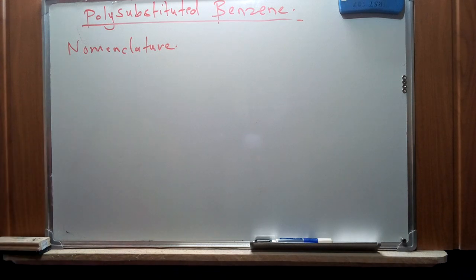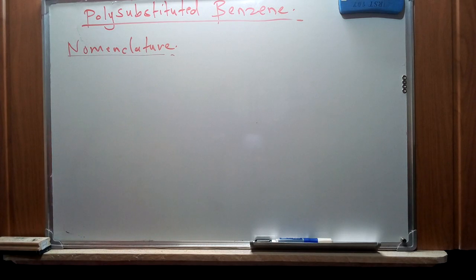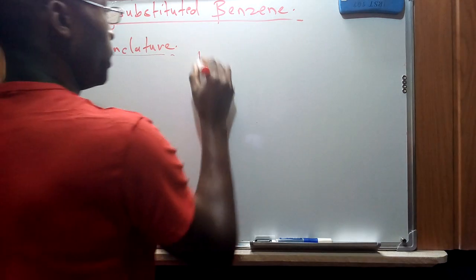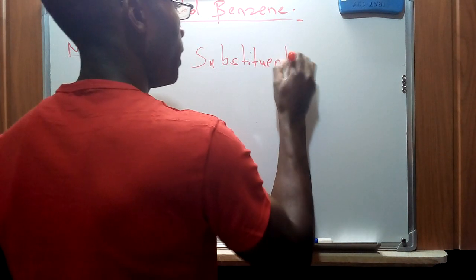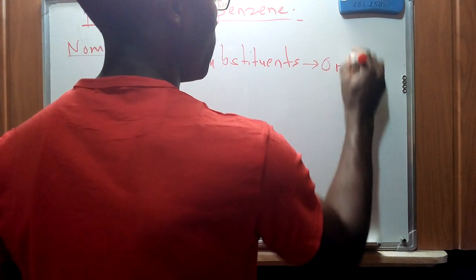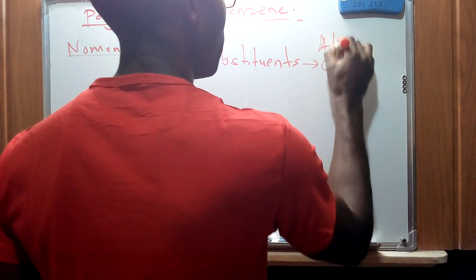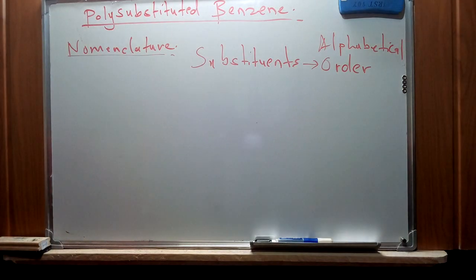Of course, we know that there are broad classes of organic compounds, from the aliphatic and of course aromatic compounds. So the nomenclature, or the naming, of polysubstituted benzenes follows the normal order of aliphatic compounds, whereby if there are substituents at different positions, especially for polysubstituted benzenes, then we're going to consider the alphabetical order, giving priority to the different substituent groups that appear in this kind of molecule.